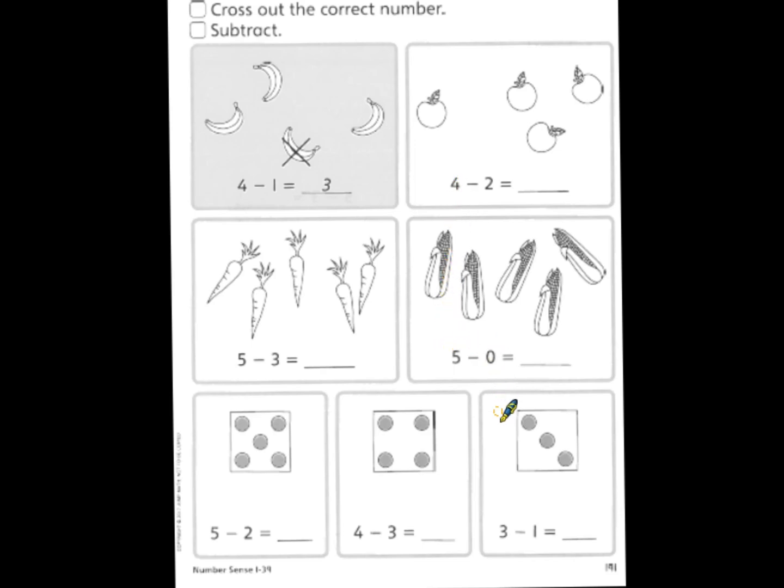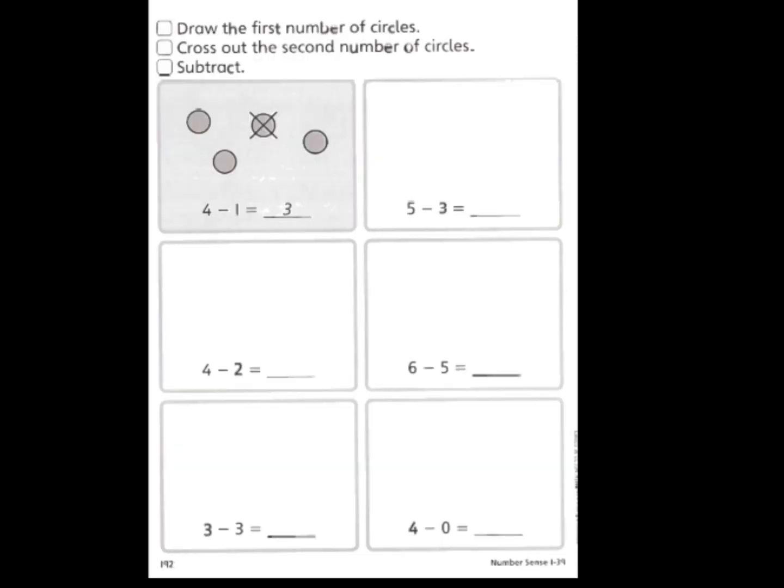They've started with 5. They've started with 3. You have to X out how many to take away. So they give you 4, you have to take away 2, and you have to say what the answer is. And on the last page, you have to do it all. You have to show 5, then you take away 3, then you tell me how many are left over.